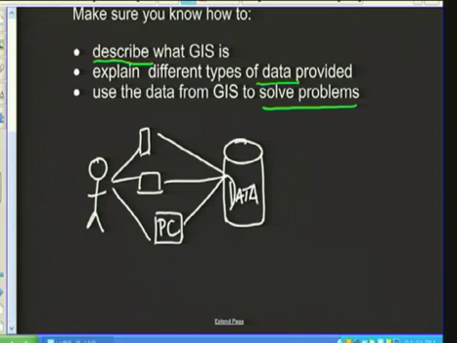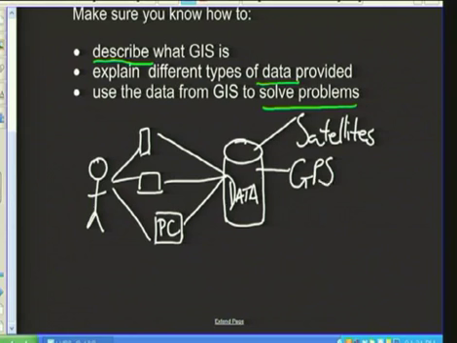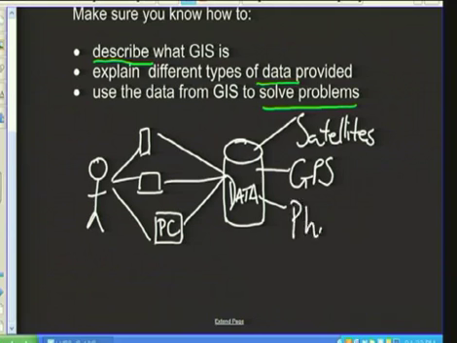And the storing of that information comes from a variety of different devices: from satellites, which take photographs of the Earth from space; from GPS units, so a person running around in the streets with a GPS unit, punching in coordinates to say that this is where they're standing; aerial photography, photos taken from aeroplanes in order to see what the world is like, to be able to place those elements in context, in positions.